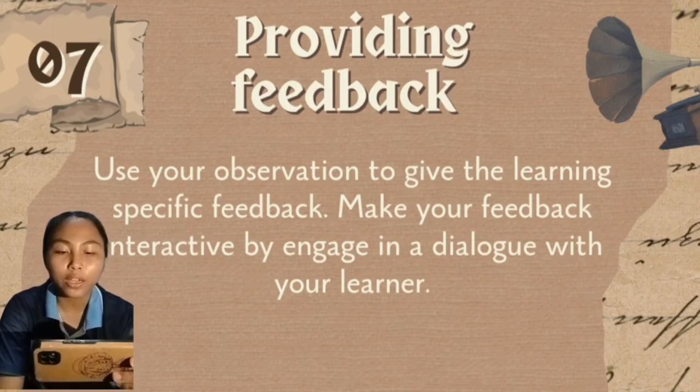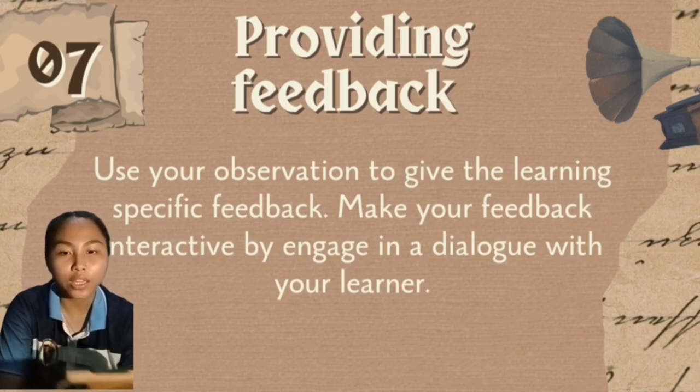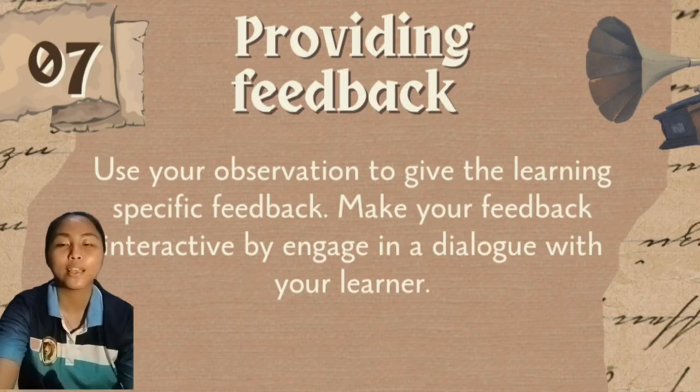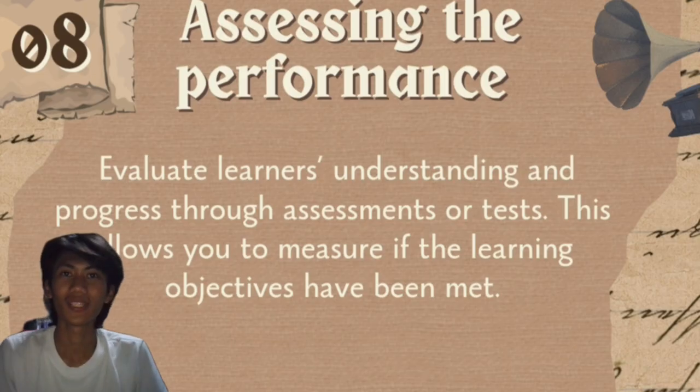When you give feedback, it means you offer a helpful response to someone's work or idea. Assess performance. Evaluate learners' understanding and progress through assessments or tests. This allows you to measure if the learning objectives have been met.